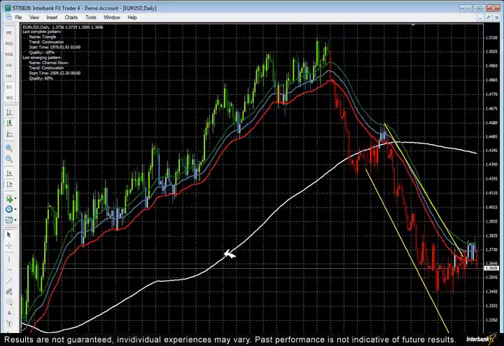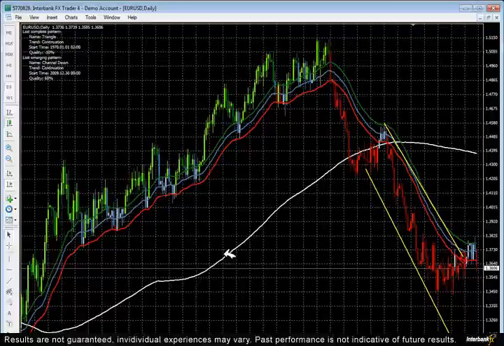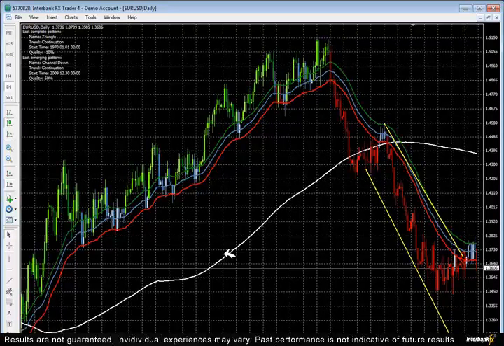When prices are not steep enough to be an uptrend, they're not steep enough to be a downtrend, and they're not flat enough to be accumulation, the only thing you have left is distribution. So it's a process of elimination. That's the easiest way to identify that more volatile sideways market.